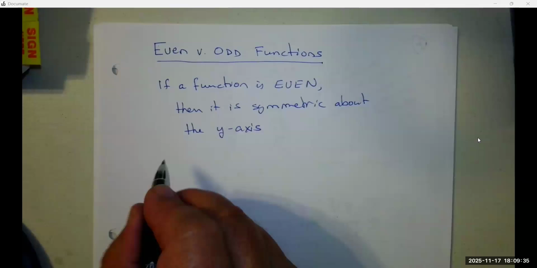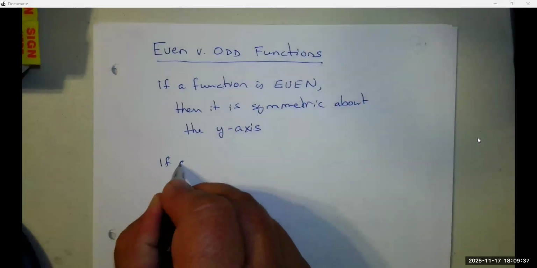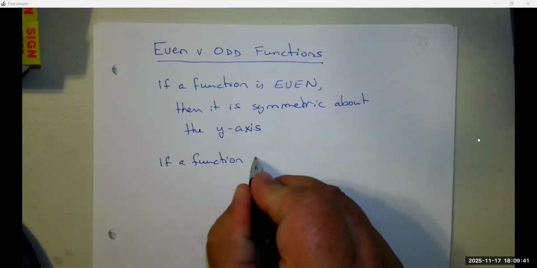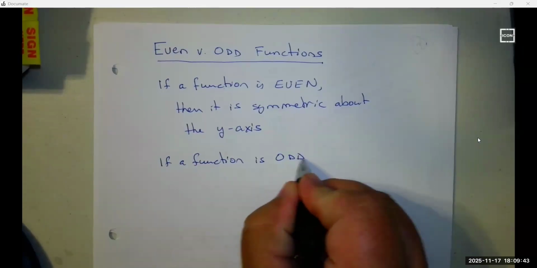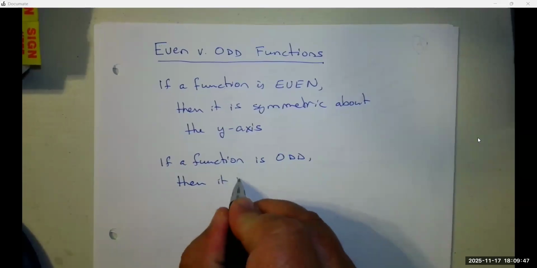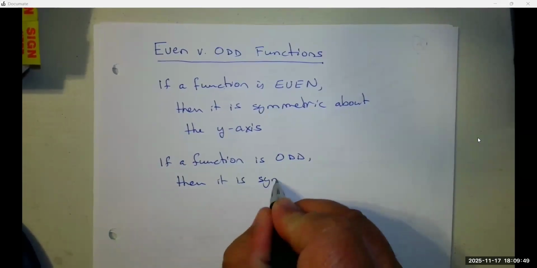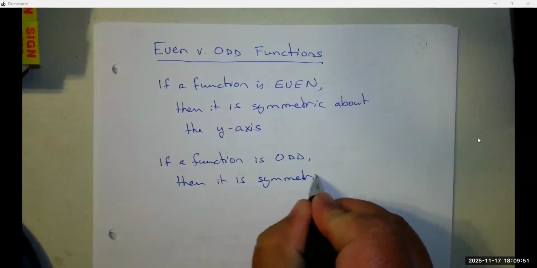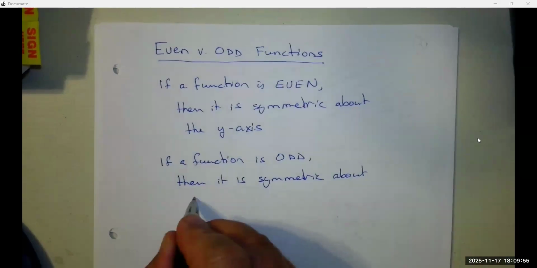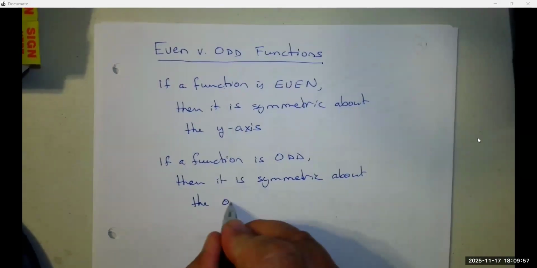And I'll show you what that means. If a function is odd, then it is symmetric about the origin.